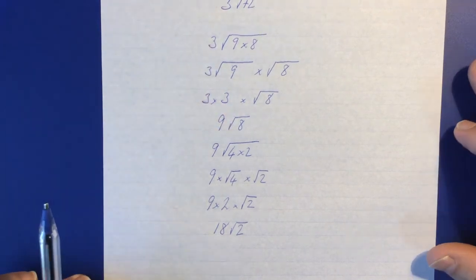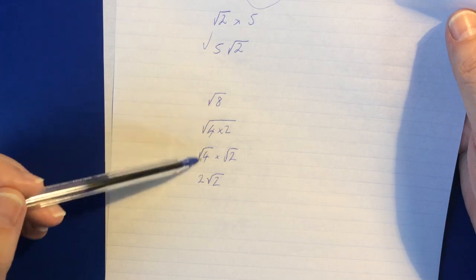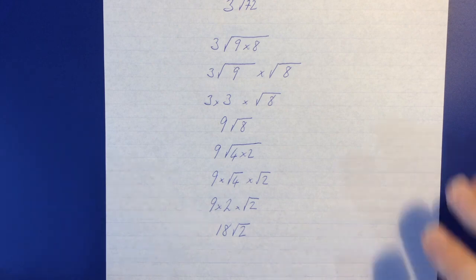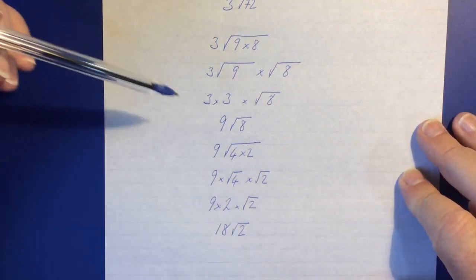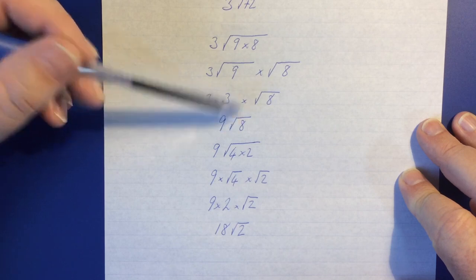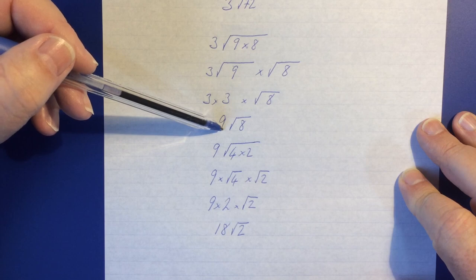Now, part of this might look familiar. We have just looked at what the square root of 8 is over here. So we're going to do that again. There's a lot of repetition in this area of maths. So 9 root 8. We've got from 3 root 72 to 9 root 8.